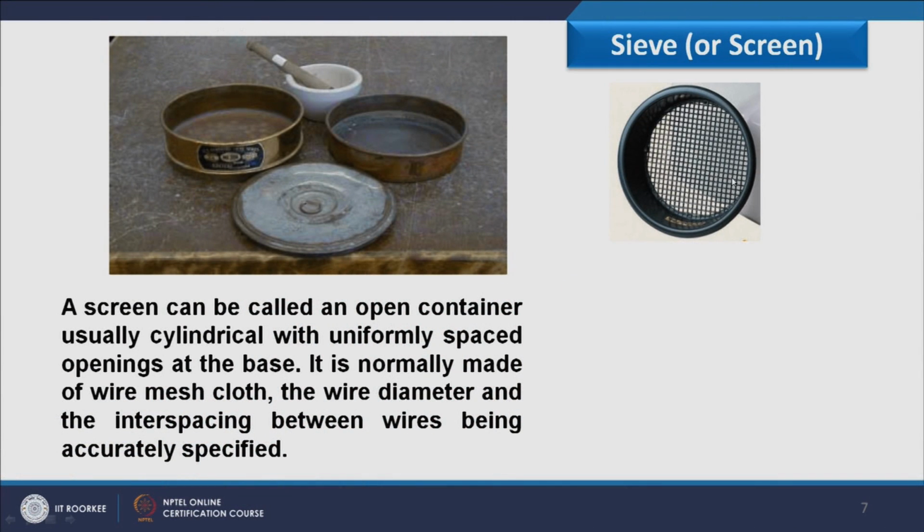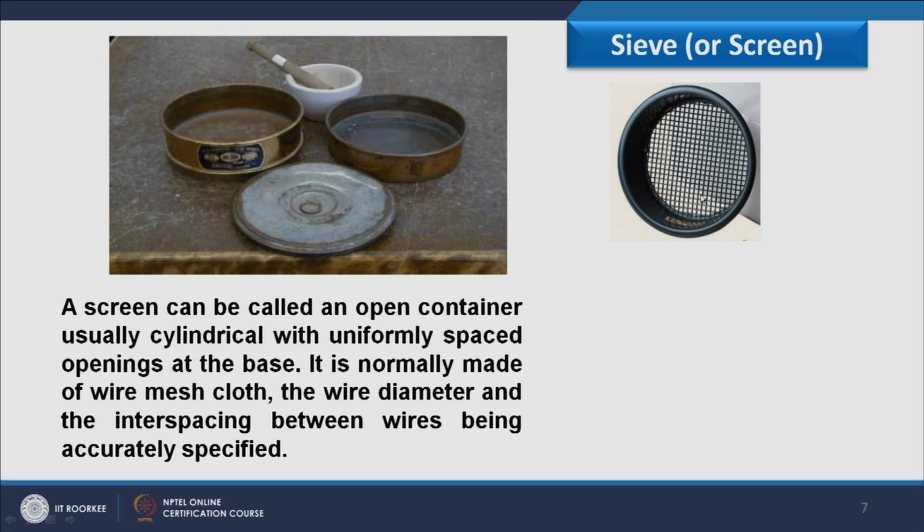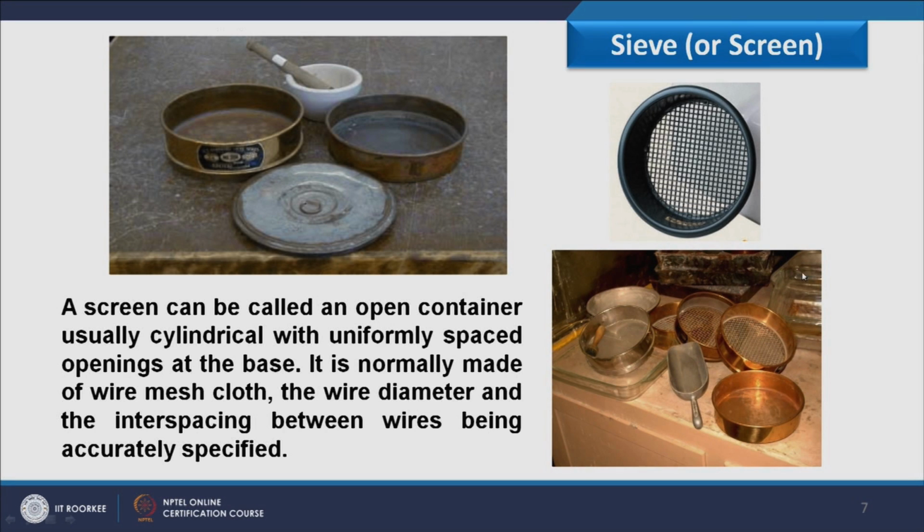It is normally made of wire mesh cloth, the wire diameter and the interspacing between wires being accurately specified. Depending upon this opening, we have to consider which material should be retained over it or should pass through it. Therefore, if you see this figure, it has different screens.